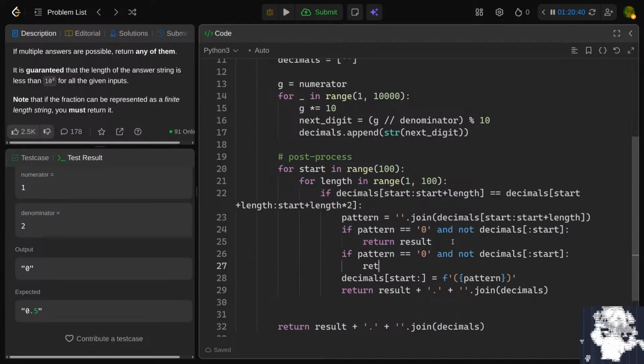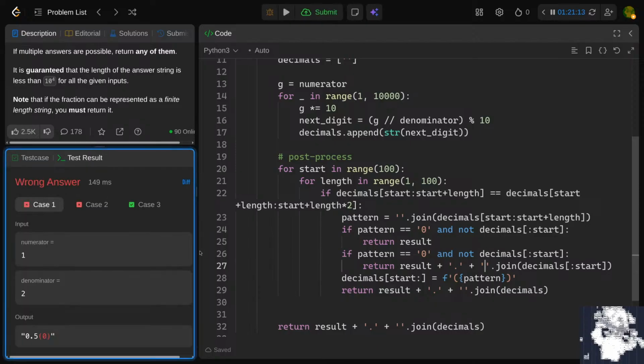If the pattern is 0, then return result plus period plus the decimals up to when the pattern starts.